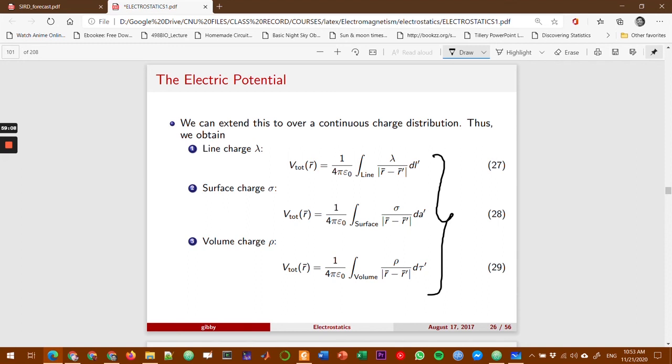Working with a scalar is a lot easier compared to working with a vector function. That's why it is better to calculate the scalar function, potential, first, to get all those other quantities. If you want to get the electric field, you can do that. If you want to get the surface charge density and total charge Q, we can also do that just by first knowing or calculating the scalar function potential V.